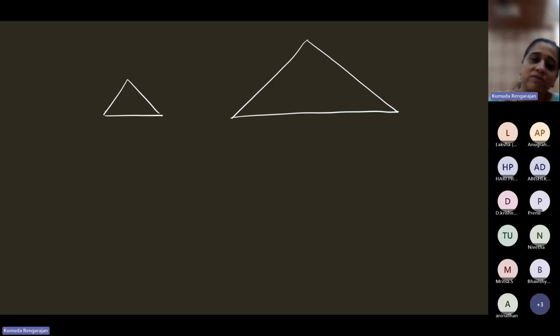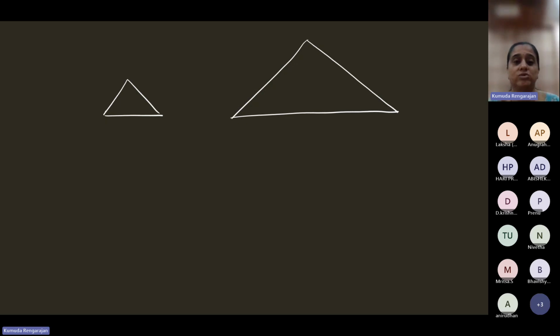If nothing is given, can we say that the two triangles are congruent? What happened? If no information is given, can you say that the triangles are congruent or not?